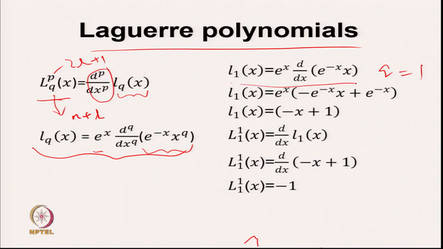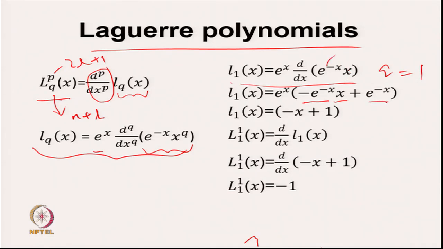Now, let us solve this. L_1(x) is equal to e^x d/dx of e^(-x) times x. Let us first take x constant and differentiate e^(-x), you will get minus e^(-x), and then you take e^(-x) constant and differentiate x.